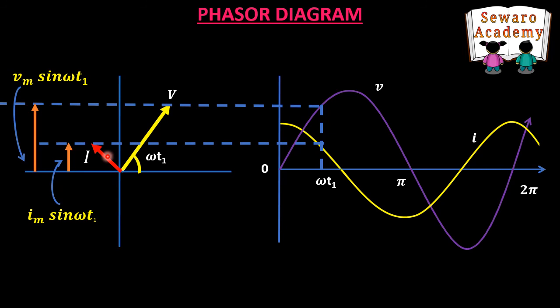Similarly, the magnitude of this phasor I will give the peak current, and the magnitude of this phasor V will give the peak voltage. So this is all about the phasor diagram for an AC circuit containing capacitor only.